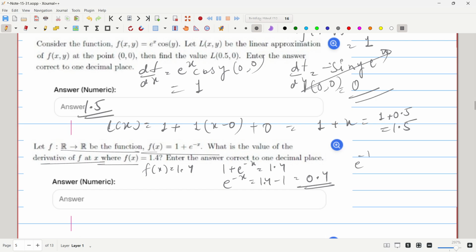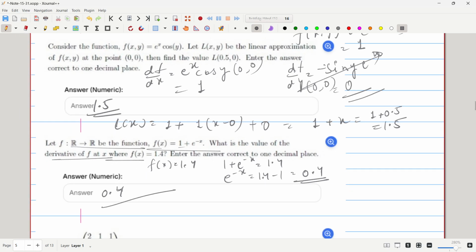The differentiation of e raised to the power x is nothing but e raised to the power x. Okay. So the value of the derivative of f at x is 0.4. You can say it's a very short trick. You just need to subtract 1.4 minus 1. You will get 0.4. Okay.